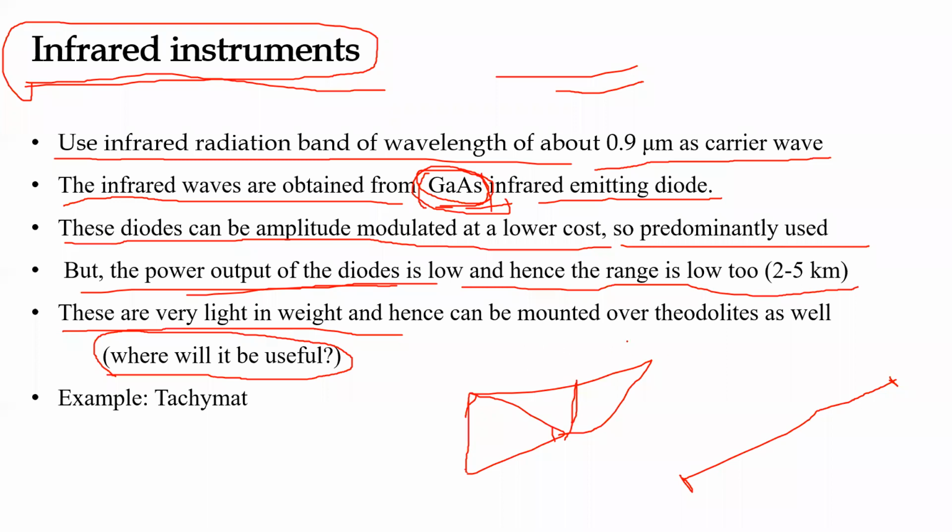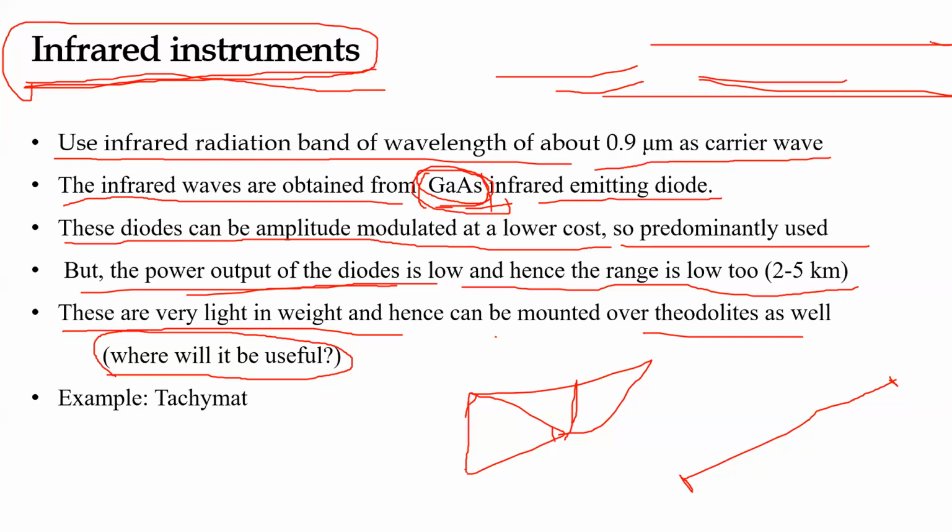So what will happen if we place this light infrared instrument over theodolites? The use of these instruments is to measure distances. It cannot measure angles, only distances.